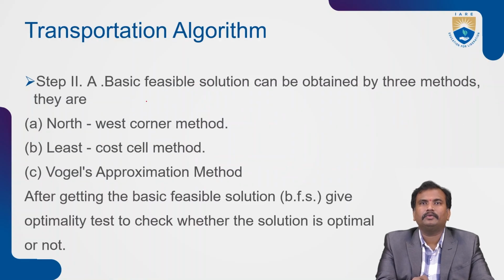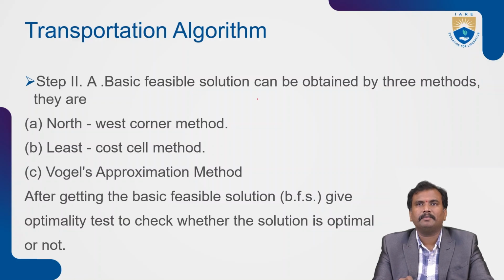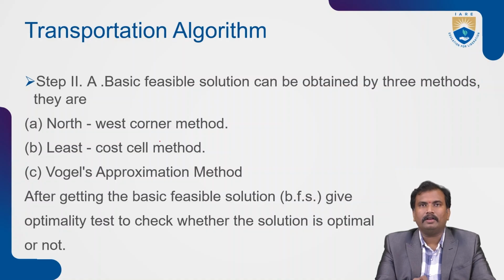In step 2, we find a basic feasible solution, which can be obtained by 3 methods: the northwest corner method, the least cost cell method, and Vogel's approximation method.